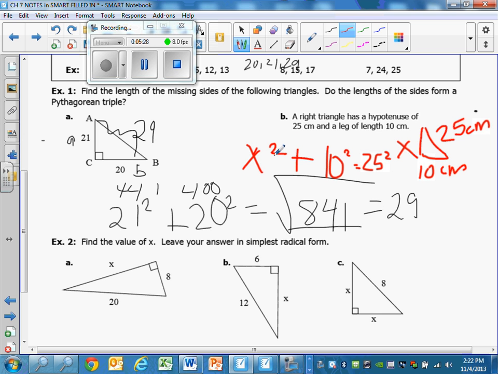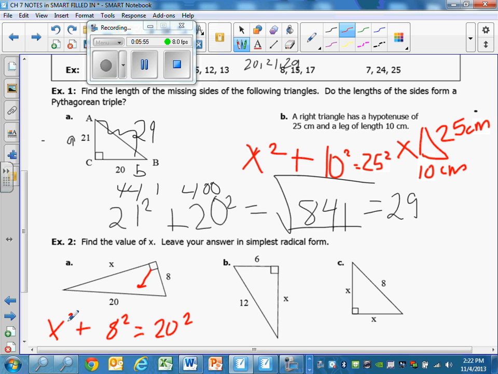I'm going to let you solve B for homework, as well as example 2, A, B, and C. So the hypotenuse is the long piece across from the right angle. So that's C. I would do 20 squared, which is 400, equals 8 squared, which is 64, plus what equals 400.